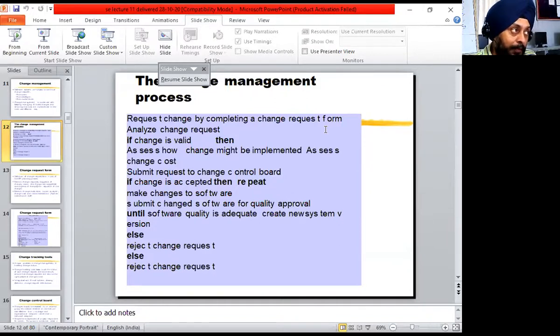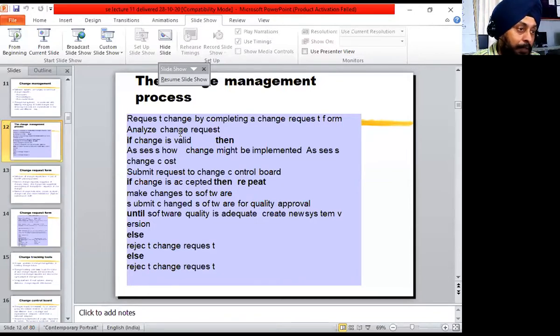So these are the three different ways a request can be put: one is the user, one is the market or sales managing team, and one is any member of your development team. First of all, the request form has to be given. Then we have to analyze the change request, because the change board is constituted to look into whether to accept or reject the change.